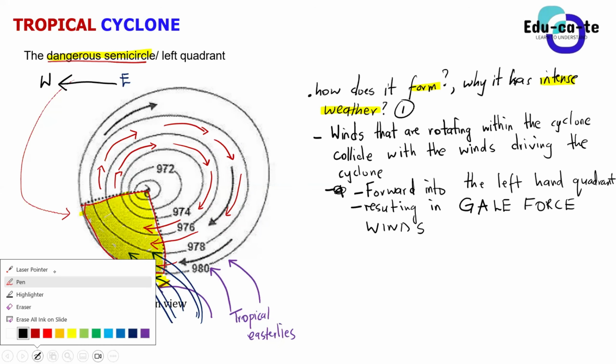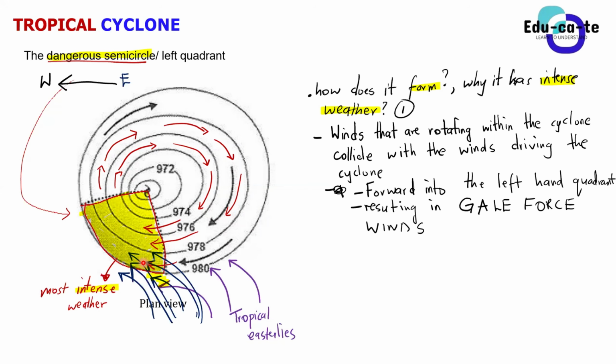Gale force winds. So it simply means that here we have the winds that are driving the cyclone forward, which are the tropical easterlies, and then we have the winds that are circulating within the cyclone, inside this low pressure system, in this tropical cyclone. They collide and meet with these tropical easterlies in this left hand quadrant.